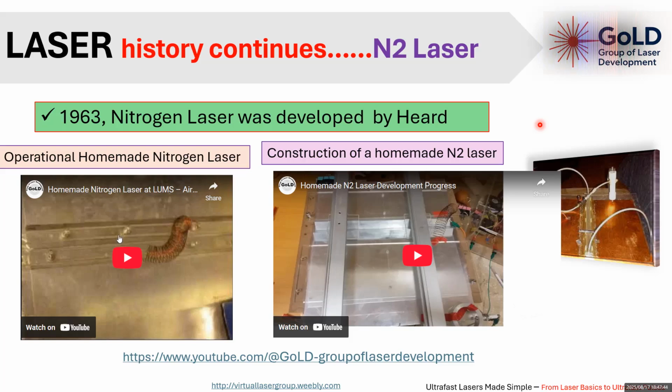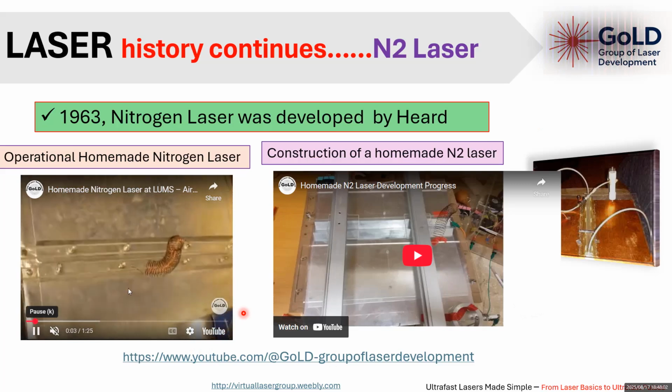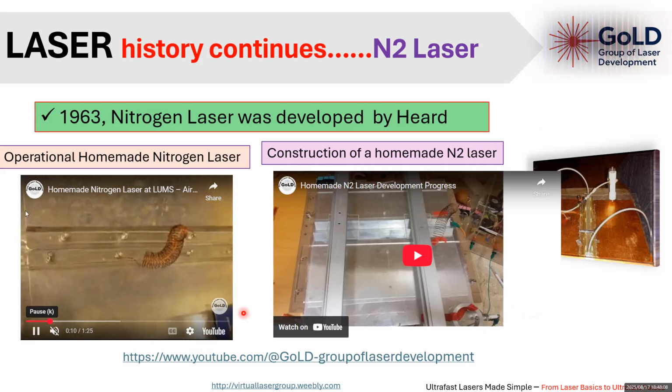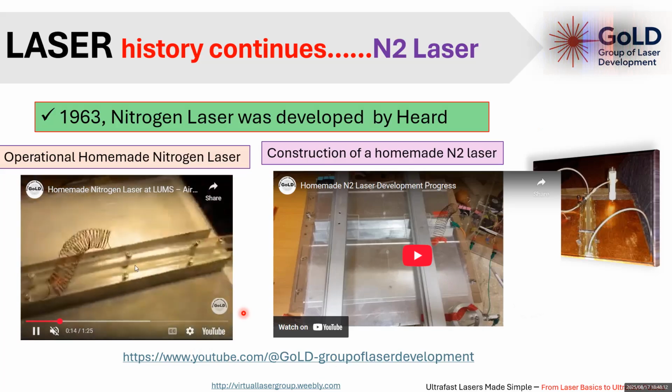This video you can also find on my channel. This is the first homemade nitrogen laser, built by one of my students at LUMS a long time back. You can see here these plates, a kind of capacitor, and there is a dielectric in between the plates. And we have a kind of cavity here.